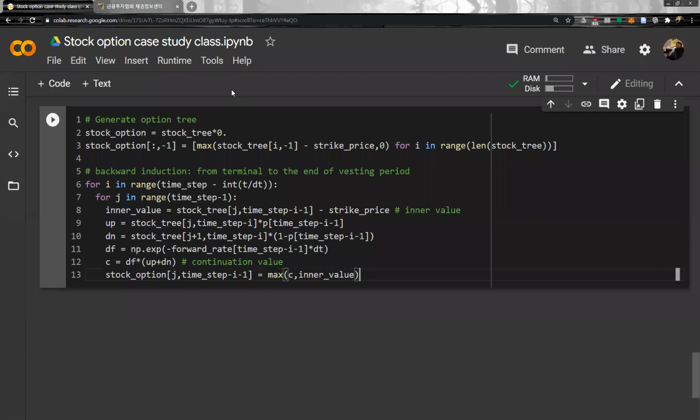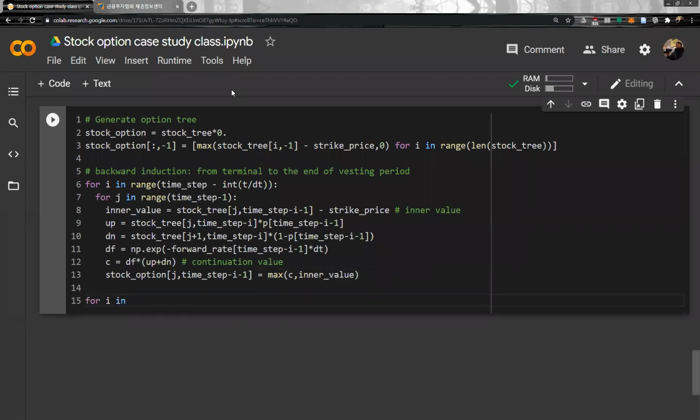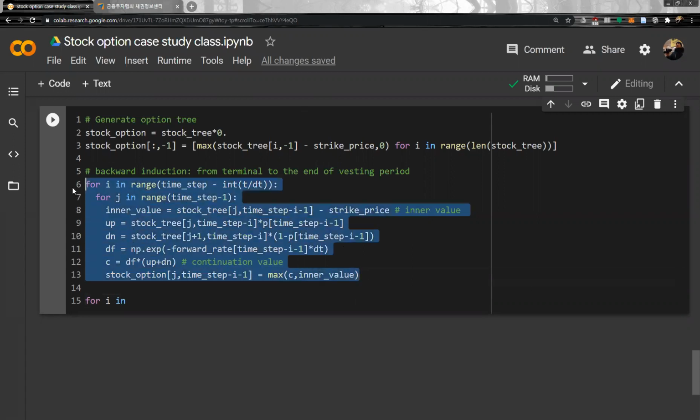Now, for I in, so it is like after the vesting period. And how about before the vesting period? Let me copy.